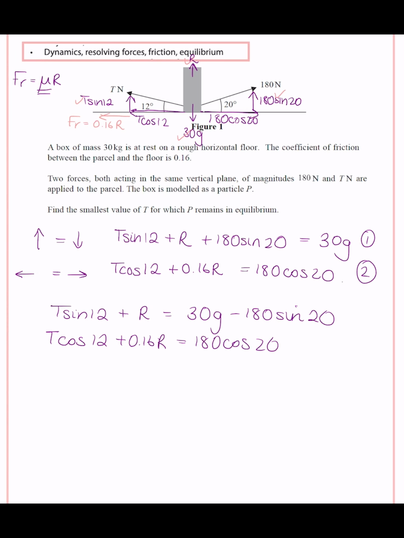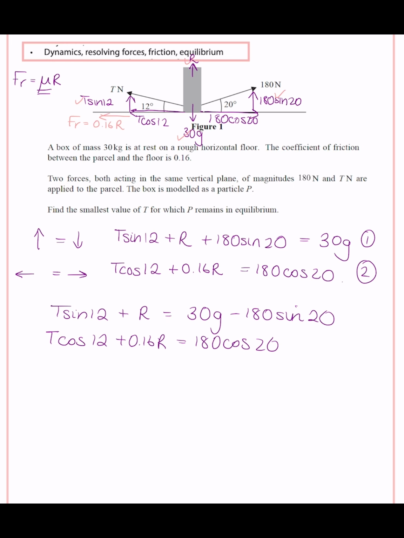And hit equals again. Then the same thing: cos 12, 0.16, and 180 cos 20. And then if you hit equals, it gives you your x value, which is your T value. And if you hit equals again, it would give you your R value.